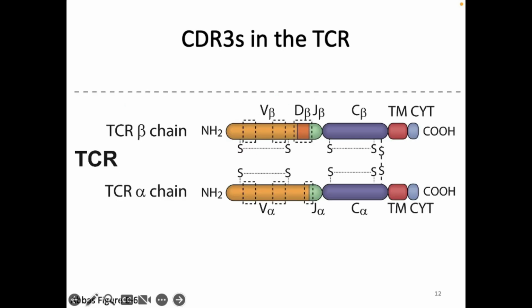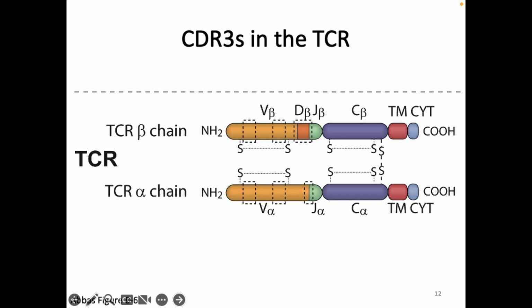Similarly, if we think about how the CDR3s are encoded, CDR1 and CDR2 from beta are based on which variable region, or V region, is chosen, and CDR3 in the beta chain is based on which V, D, and J have come together.